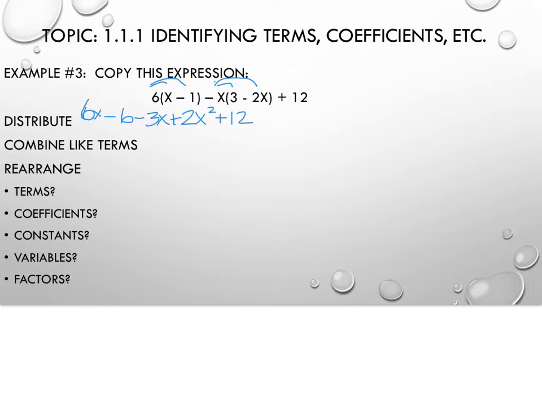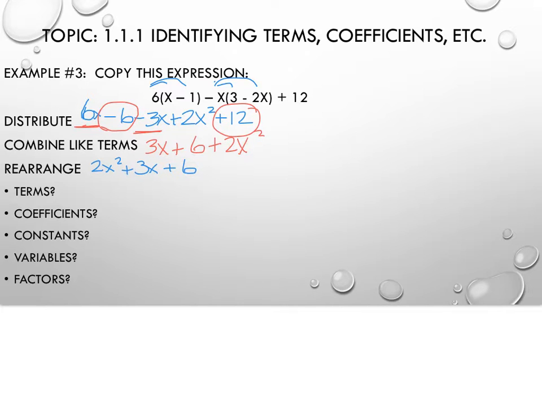You're going to combine your like terms. Let's see, we have a 6x minus a 3x. That would give us 3x. We have a negative 6 plus 12 would give us plus 6. And then we have the 2x squared by itself. Arrange in descending order, which means you take your highest square, put it first, then your next highest, and then the constant without a variable.